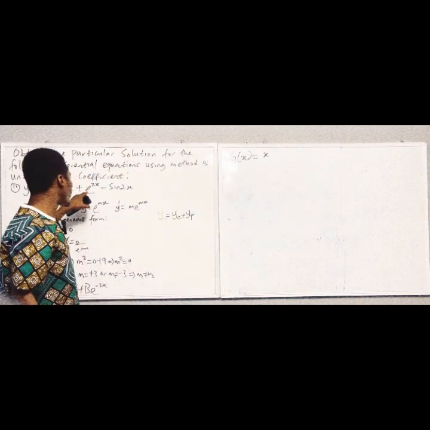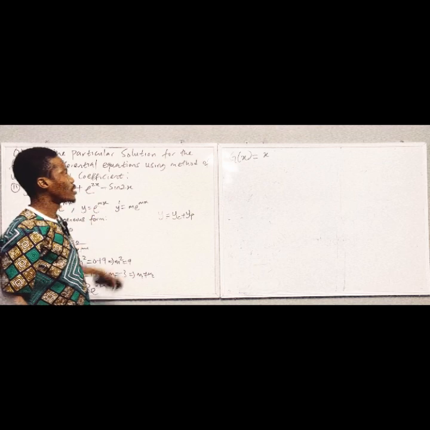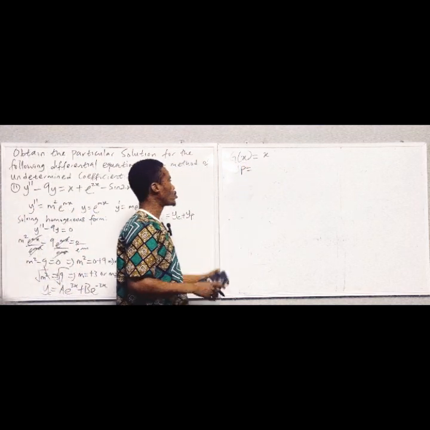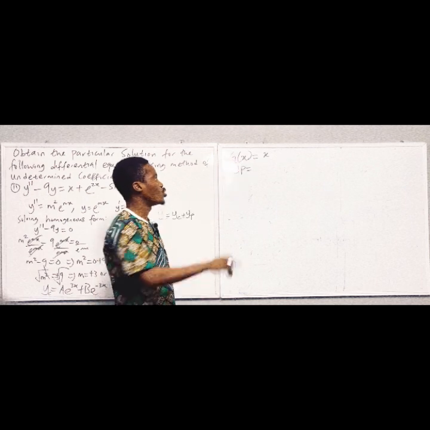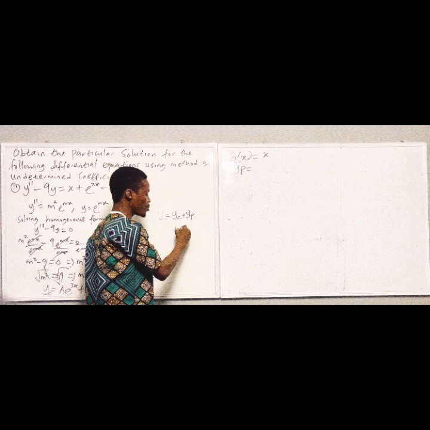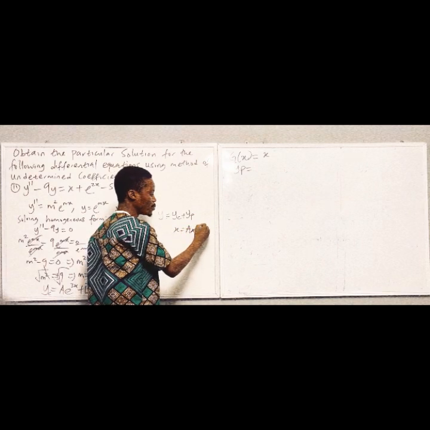I'm going to consider my g of x here as exponential 2x. Then my particular solution of this is... remember the complementary factors of g of x: whenever I have x, what did I say? If I have x here, I'm going to have ax plus b.